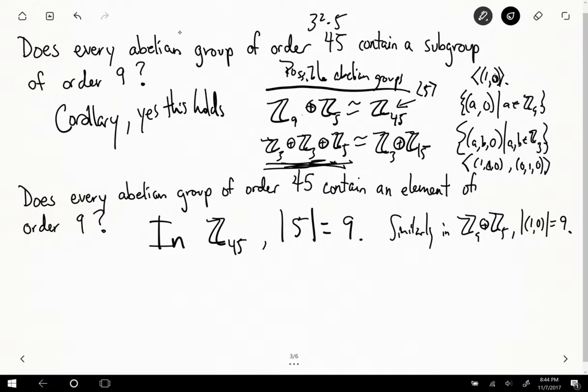Now, look at the second case. However, Z3, Z3, Z5. What order will the elements have?